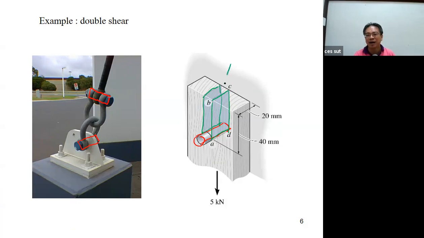So this time the timber is in double shear. So the wood and the metal can both be in single shear or double shear, depending on the way we use them in our structure.